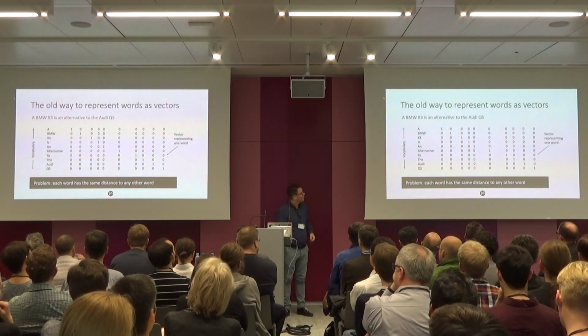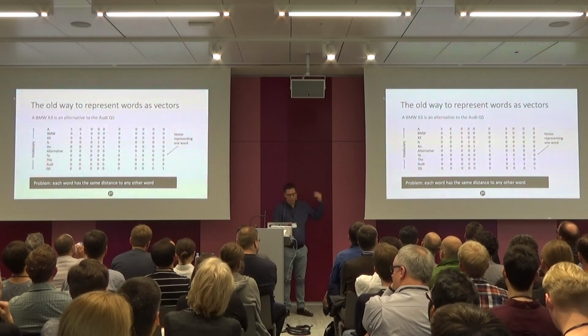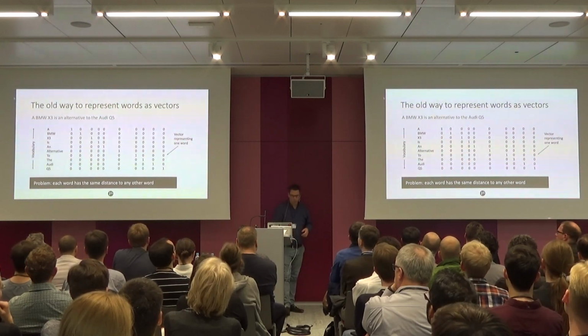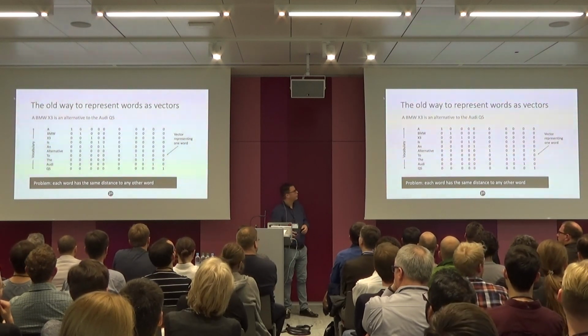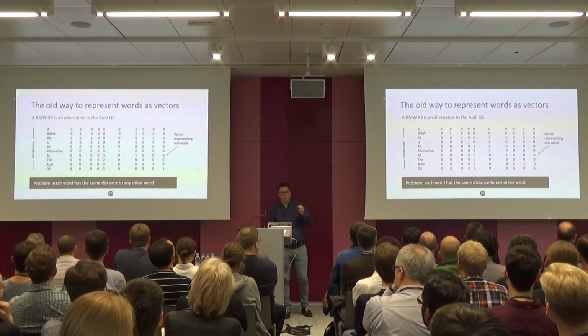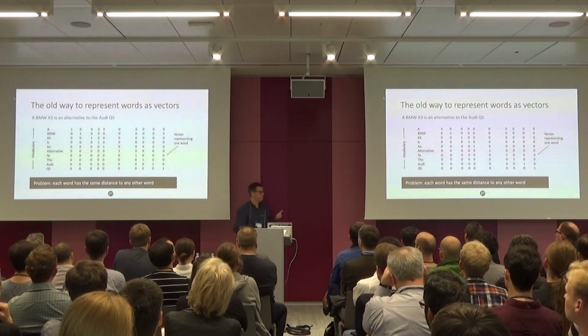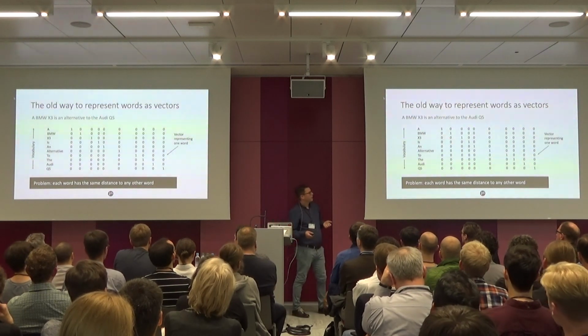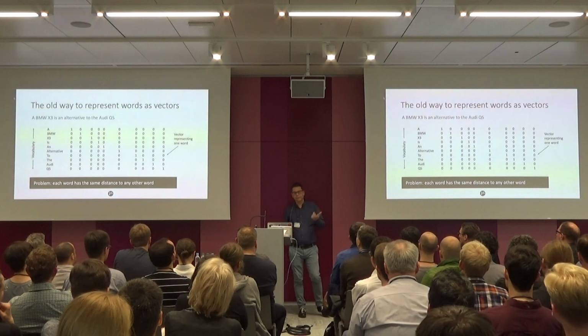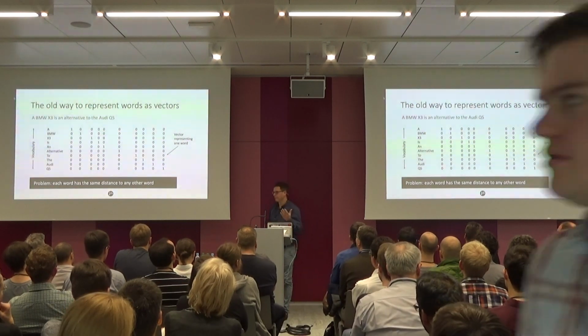Right, so I brought here an example. I think it's quite clear how the one-hot encoding is done. Obviously, the data is very sparse, but that isn't the biggest problem. The problem is that every word now has the same distance to each other.